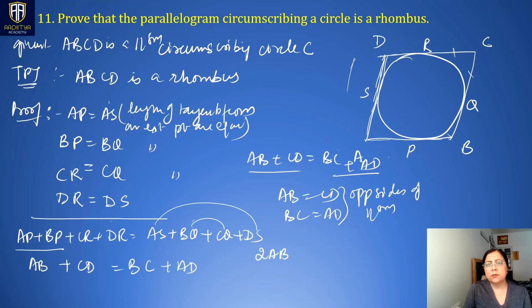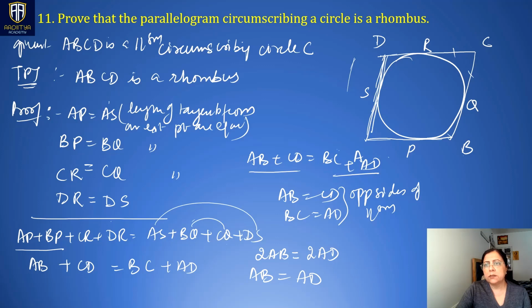AB plus CD becomes, AB is equal to CD, so AB plus AB becomes 2AB. Similarly, we have CD and AD. We can write this as 2AD. AD and BC are equal, and since they are equal, we can write this as twice of AD. So we now have AB is equal to AD.